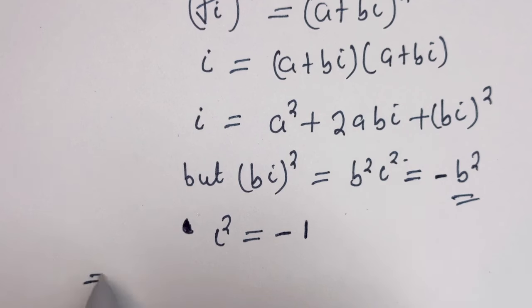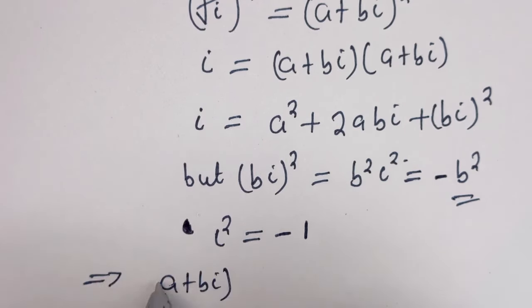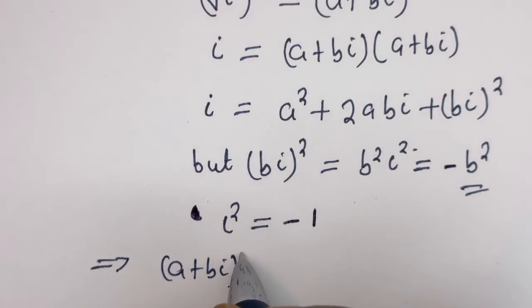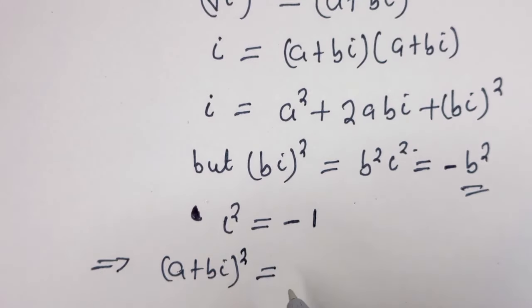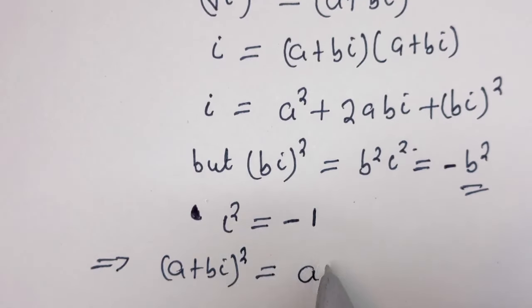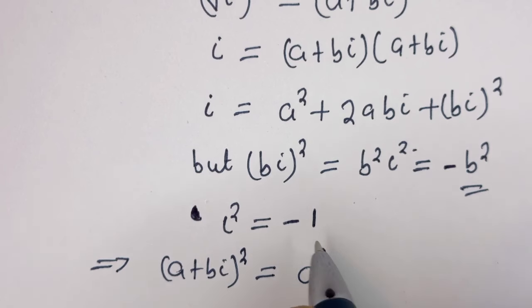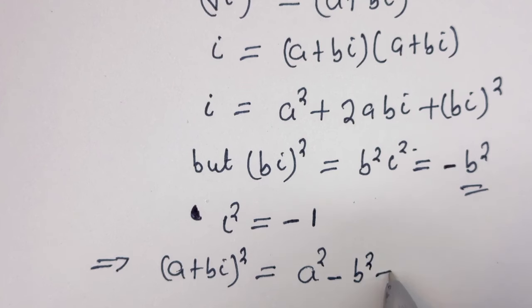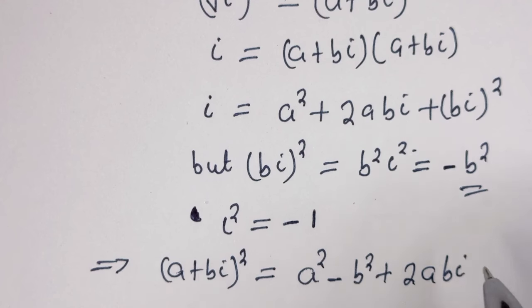Now, a plus bi all squared is equal to a squared. If you substitute i squared is equal to minus 1, we have minus b squared plus 2ab.